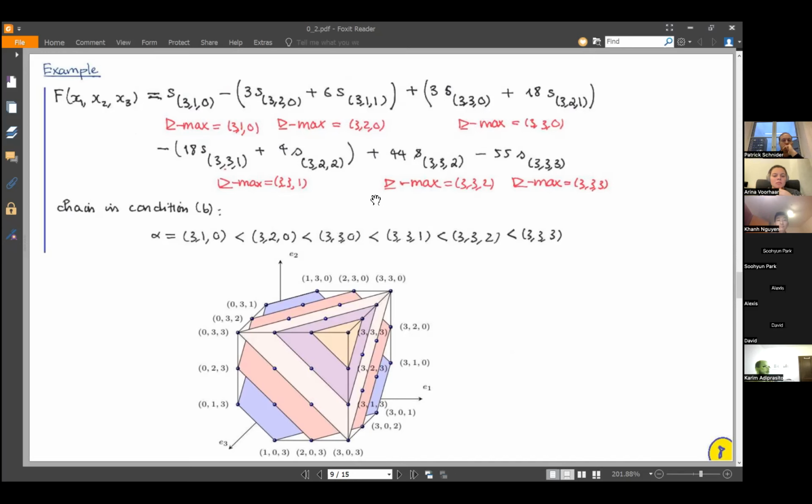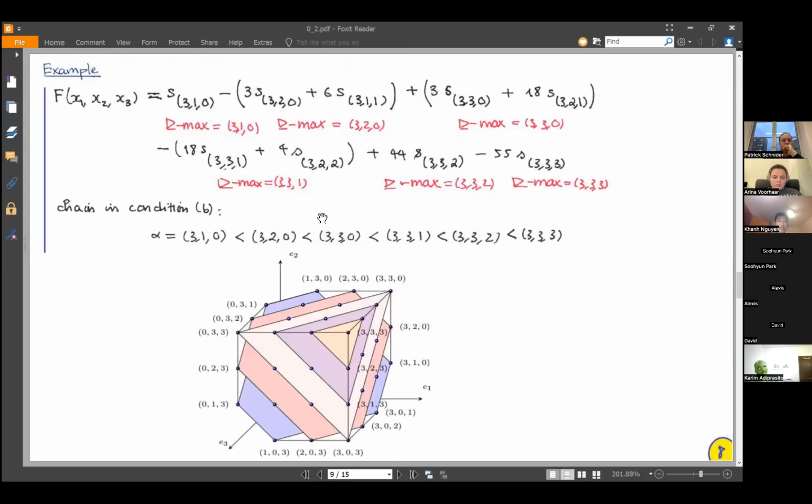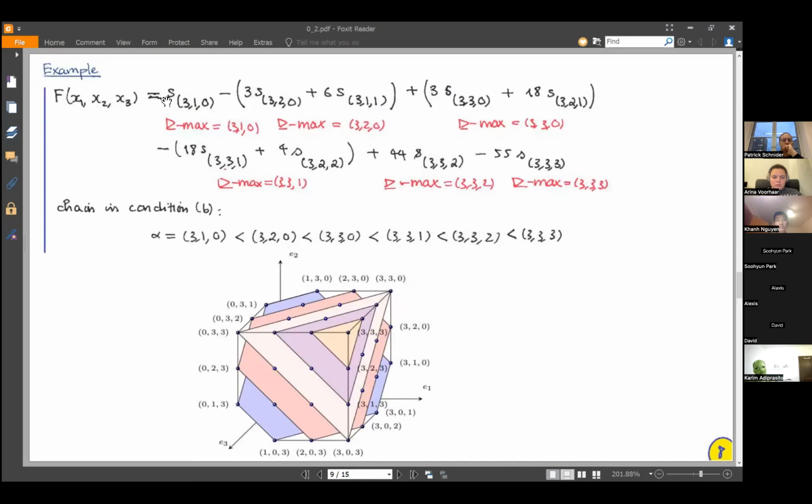And now the condition B in this case. First, I have to fix two partitions, alpha and beta. In condition B, first I have to compute the dominant maximum partition in each bracket.